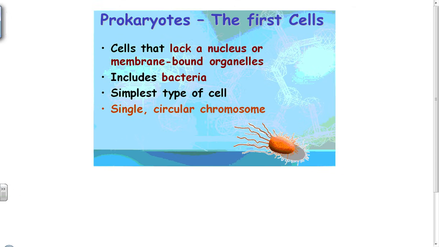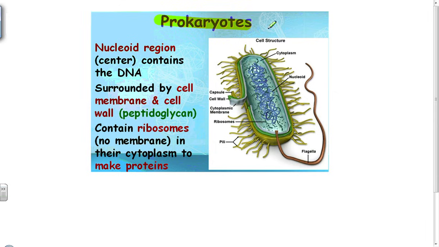Next thing you need to be aware of is the two major cell types. You have prokaryotic cells, which are considered the first cells. They have no nucleus or membrane-bound organelles. Modern bacteria is a great example of prokaryotes. They are the simplest type of cell. They have a singular circular chromosome that is not contained in a nucleus. Here's another picture of a prokaryote.